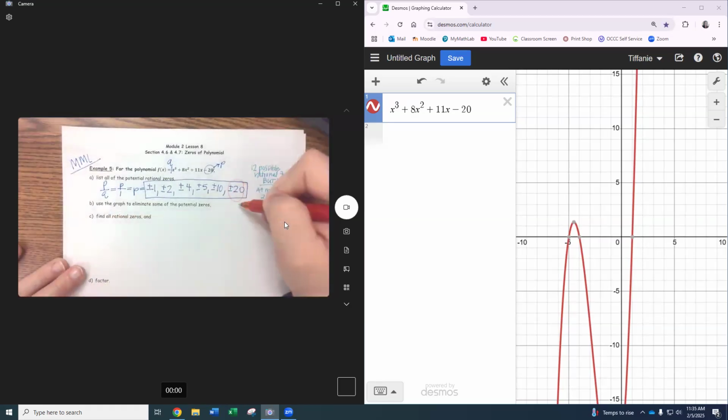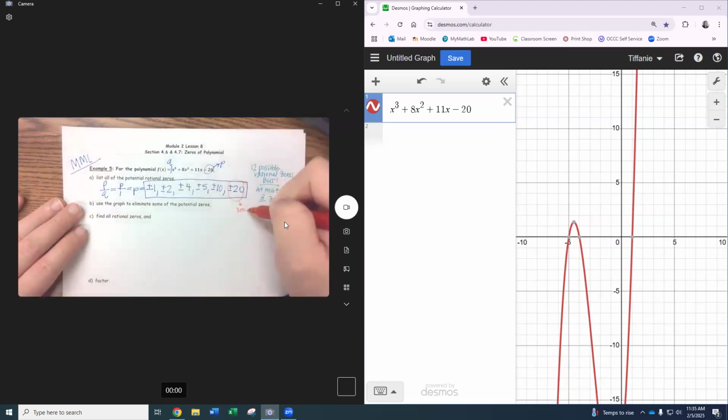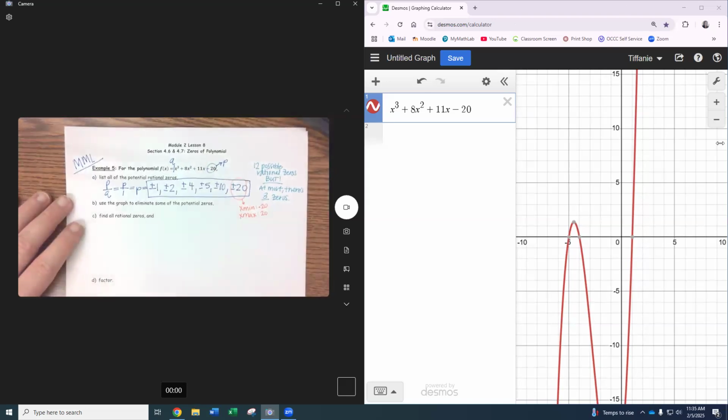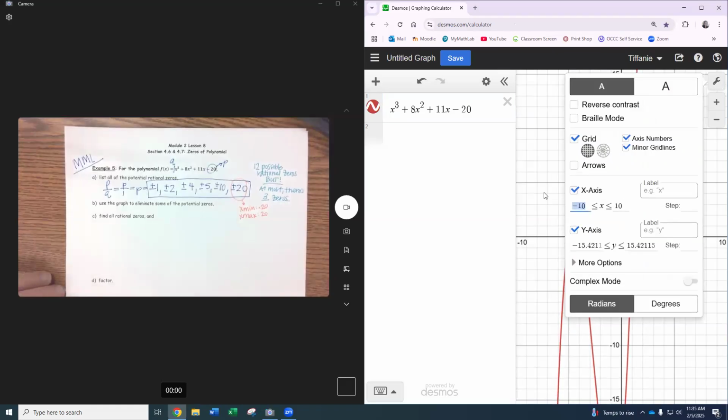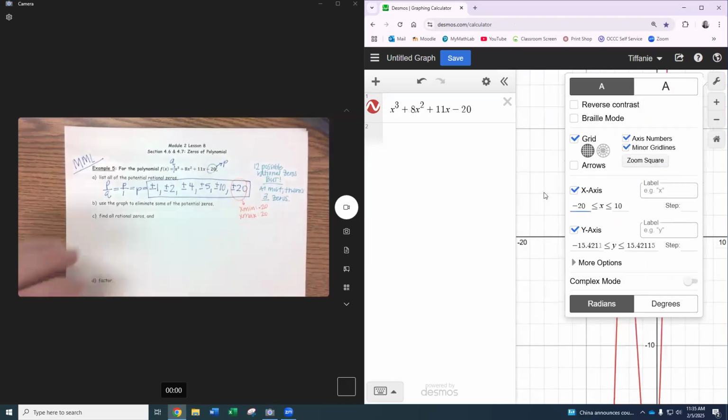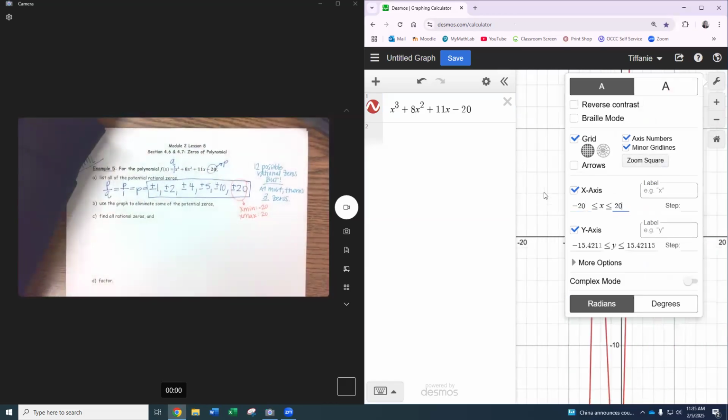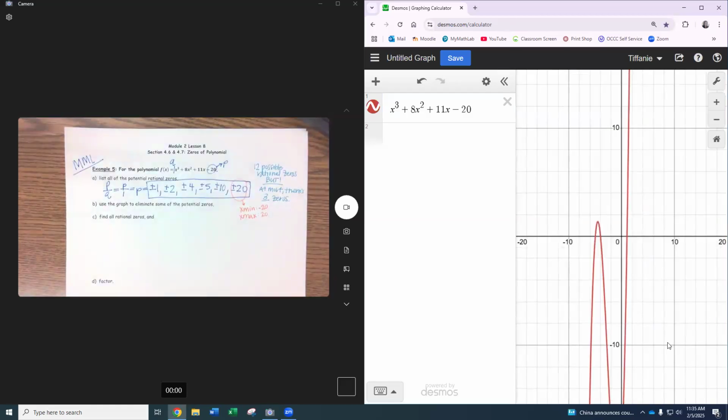So what I really want to do here for part B is I need an x min of negative 20, and I need an x max of positive 20. So I'm going to go in here to my little tool gear thing, graph settings, and this is going from negative 10 to positive 10. I want this from negative 20 to positive 20.